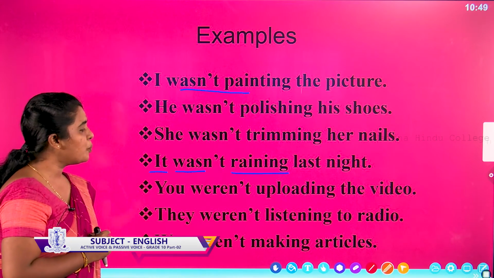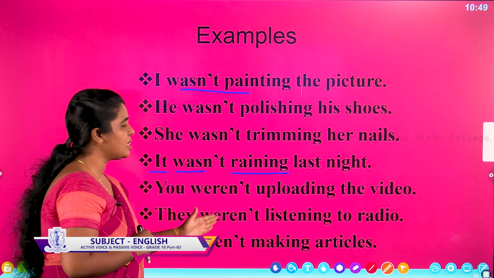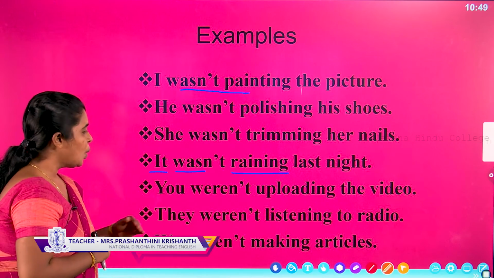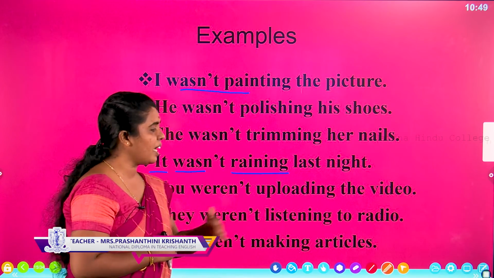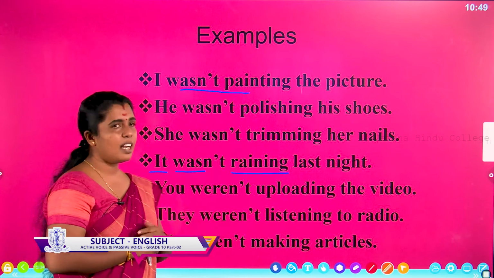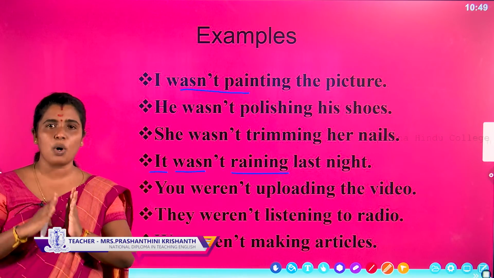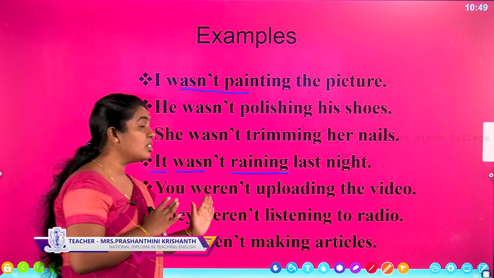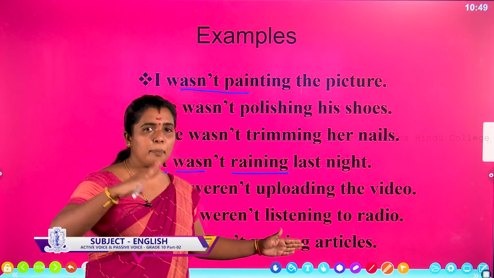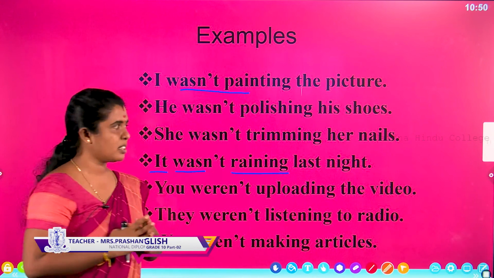Next. They were not listening to radio. They weren't listening to radio. The last example, we were not making articles. We weren't making articles, right? So simply subject, after that was or were, next not, because it is a negative sentence. Next, we have to add the verb plus ing, and finally, the suitable object, right?